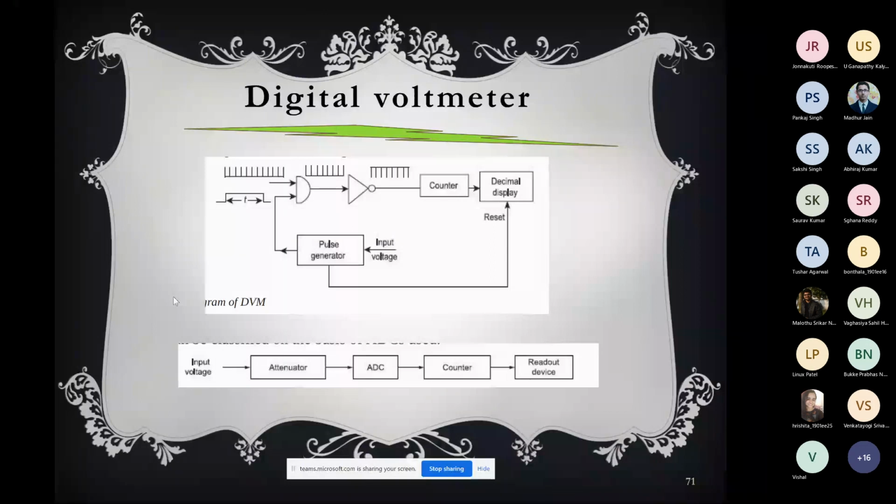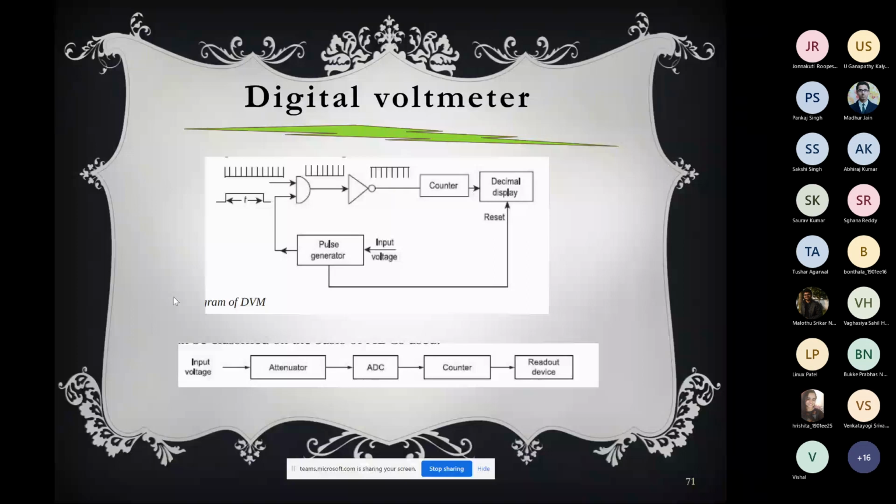Based on that you have an AND gate, and for that period of time you will get the pulse, and then you have a NOT gate, you just invert it, and then you count it. After the counter, you display the count up to some decimal place, and after that it is reset, and then again you can repeat. So that count will be proportional to the voltage.